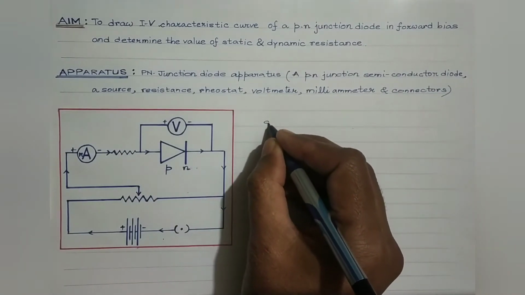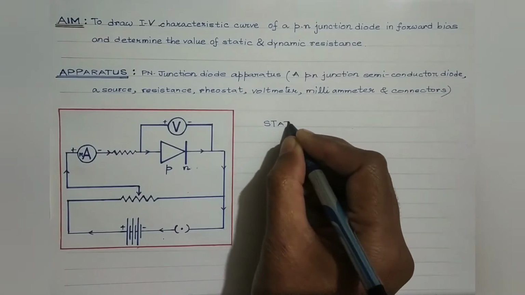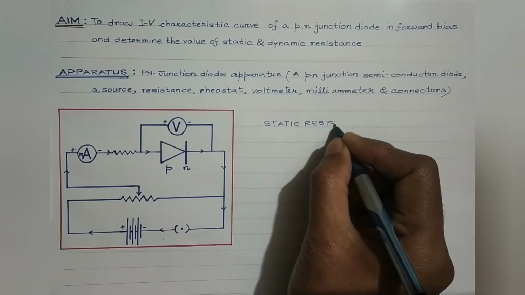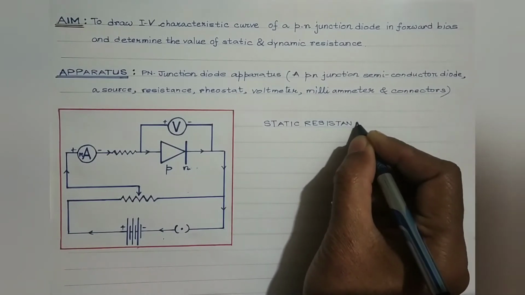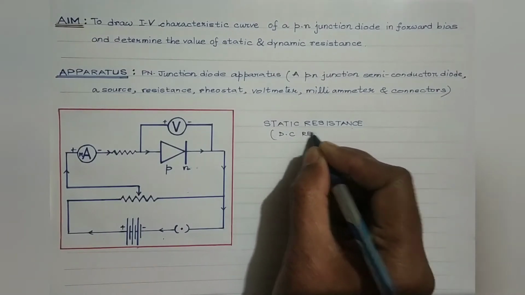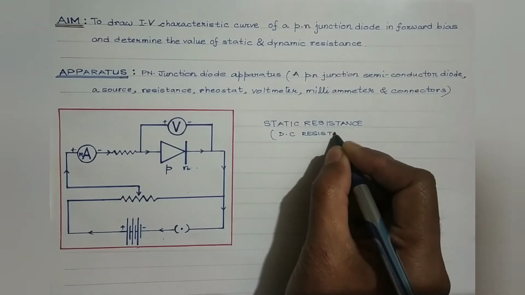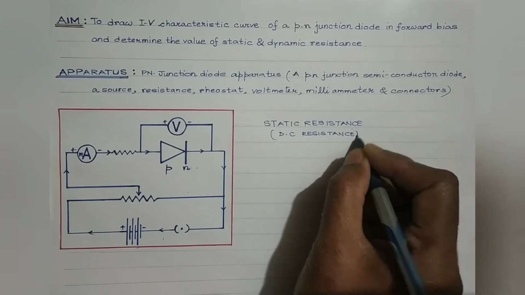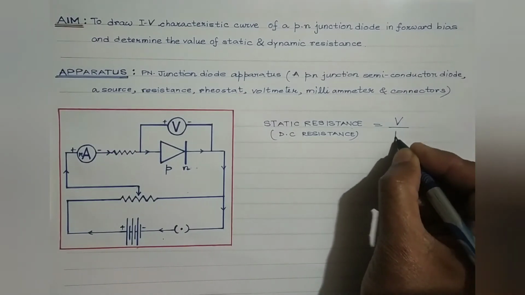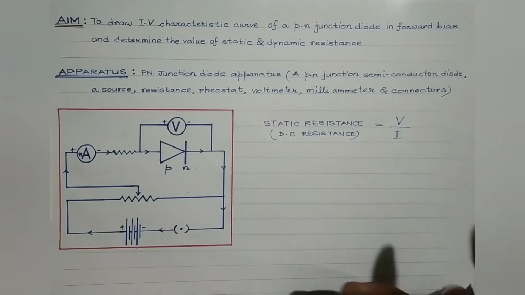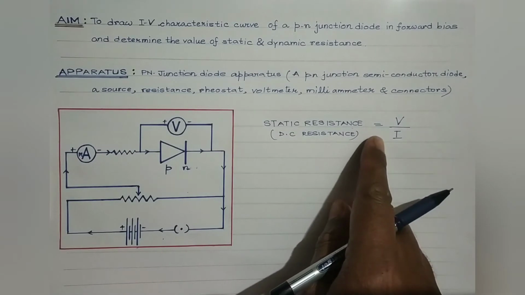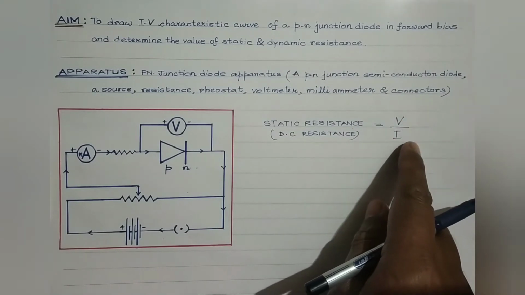So here we make use of two terms. One is the static resistance, also known as DC resistance. It is defined as the ratio of the forward voltage to the forward current.